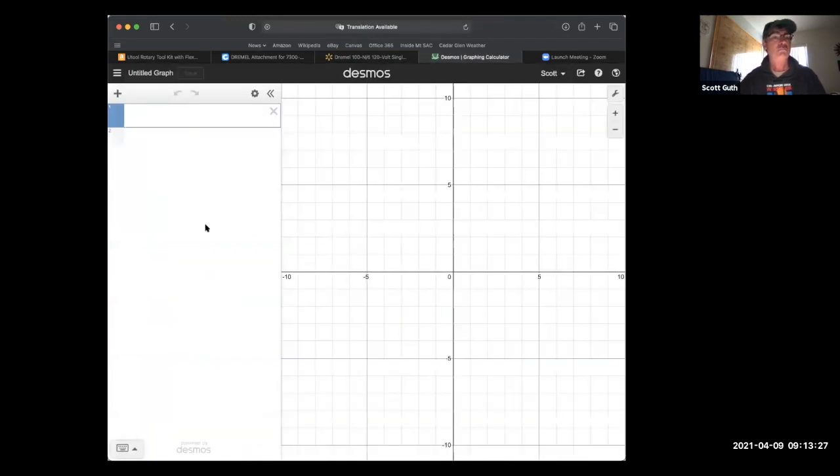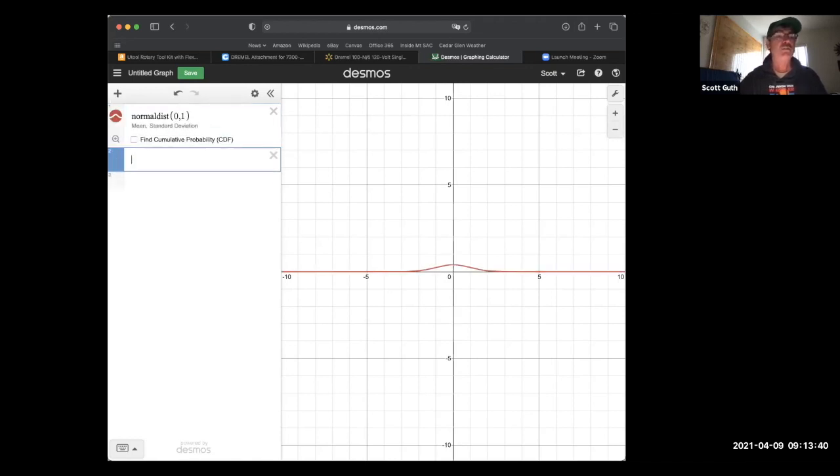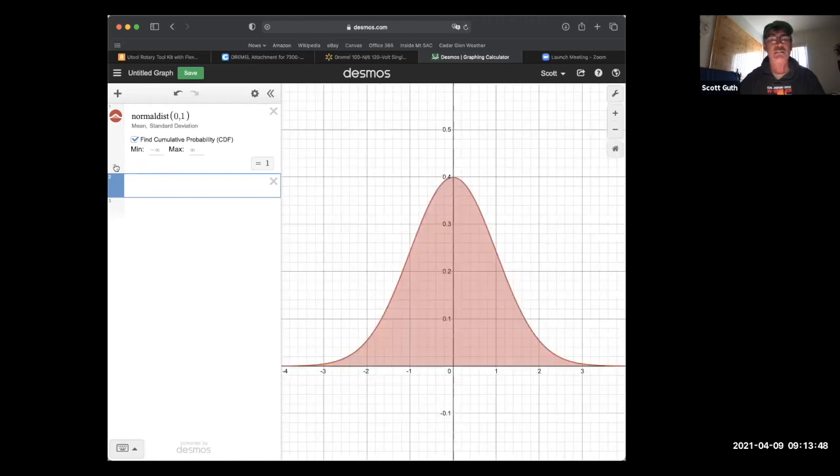The command I put in for you is normal dist, and you have to give the mean and the standard deviation. The mean is 0, standard deviation is 1 for the normal distribution. Then I also mentioned you should check find cumulative probability, and click on the magnifying glass. Okay, so you get a nice bell curve there.